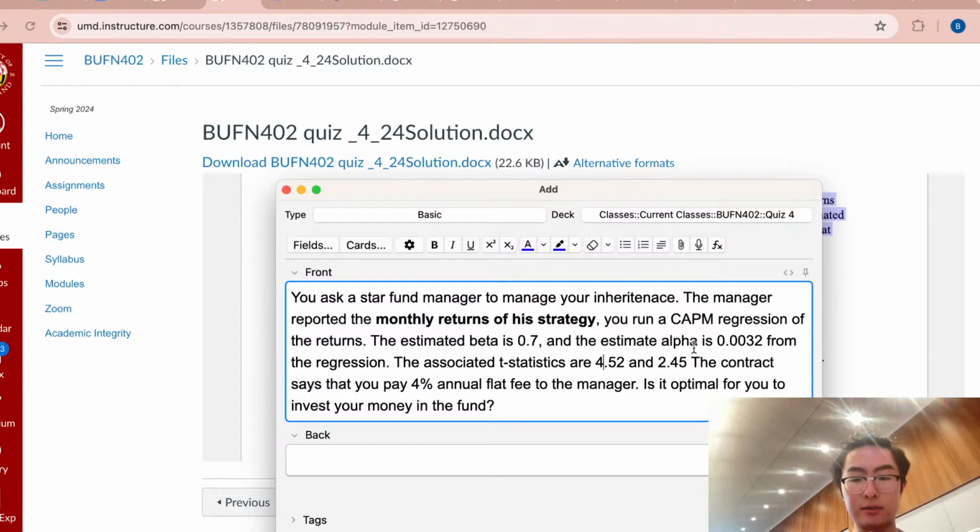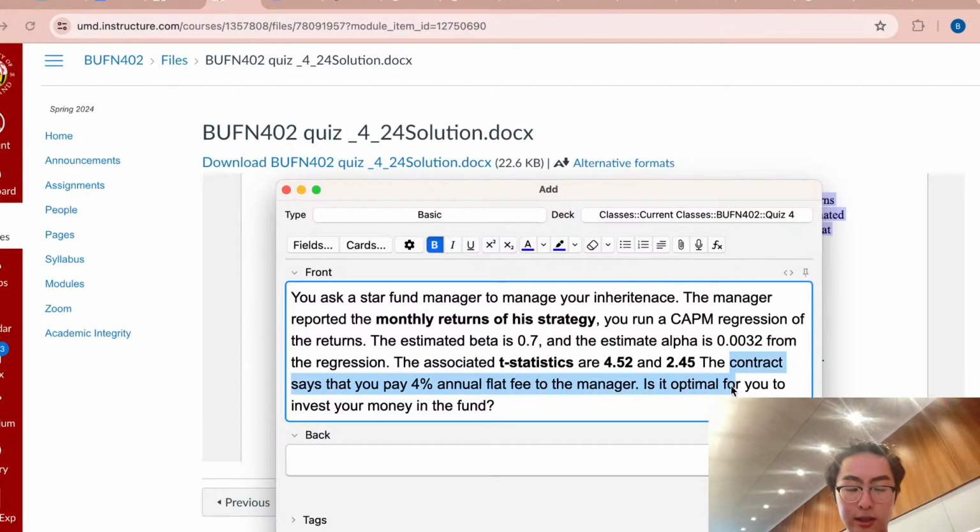The associated t statistics are 4.52 and 2.45. I think for the t statistics, we want this to be high to show statistical significance. Both of these are higher than 2, which I think corresponds to a 0.05 p-value. So I think all of these are significant.